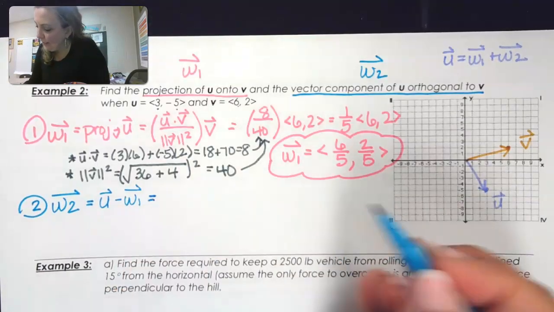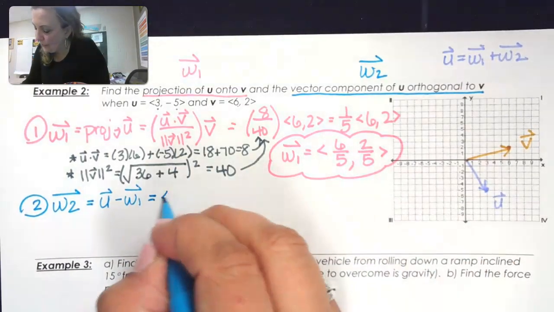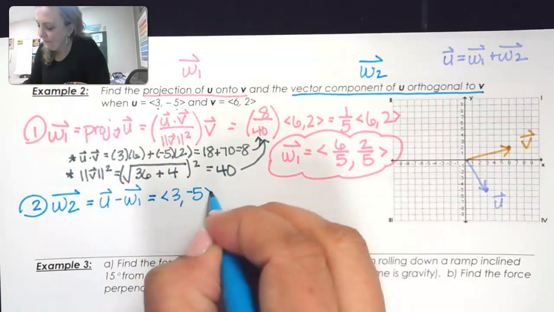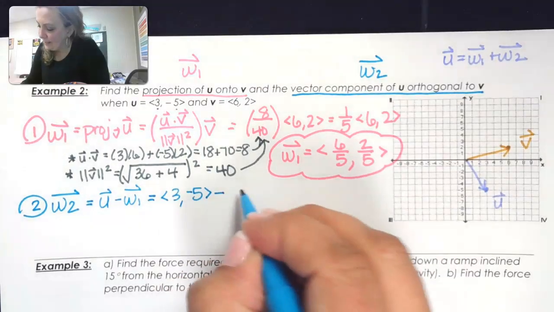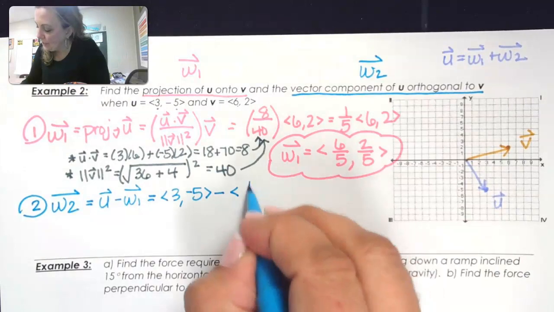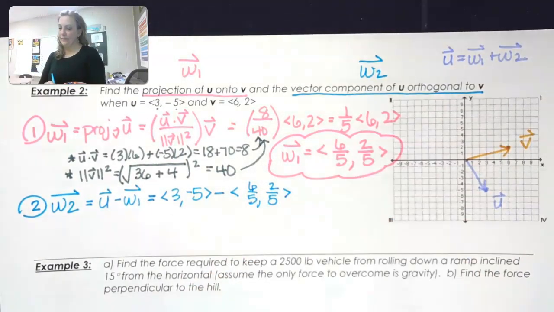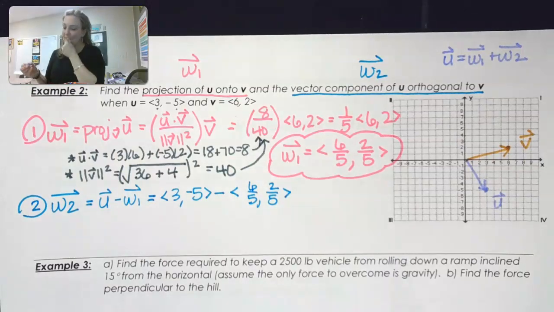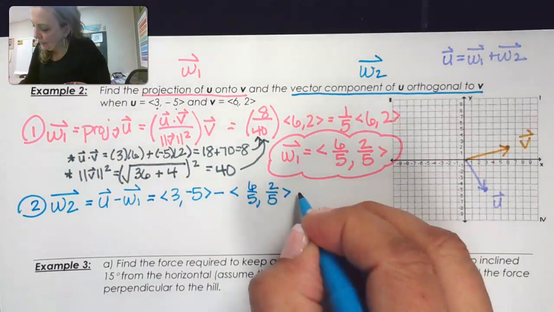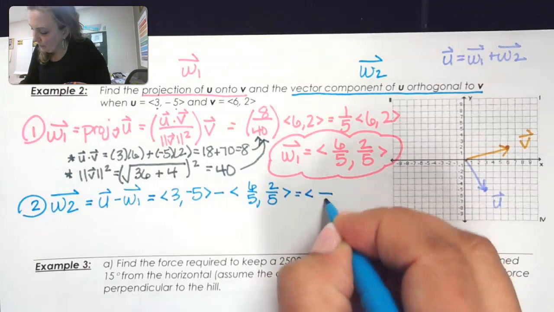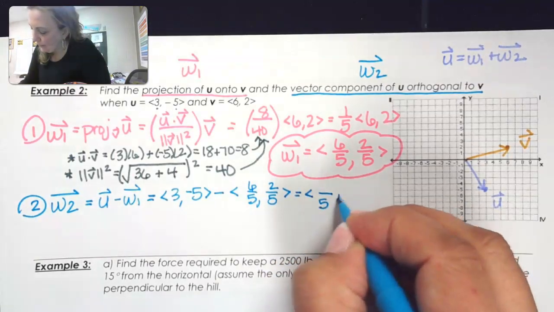My U is going to be 3, -5, minus my W1 I just found, which was 6/5, 2/5. And so then I might want to make common denominators. So that's going to be with a 5.